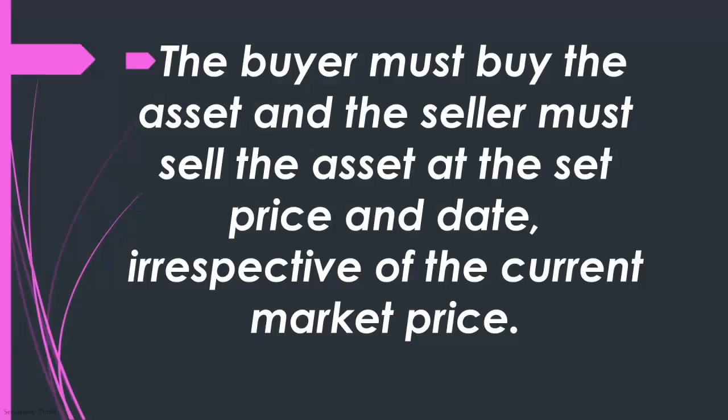Remember, the set price is actually $11, right? And the date is actually December. So no matter the market price, right? Now they said irrespective of the current market price, every party must obey the contract. That is very, very important, right?